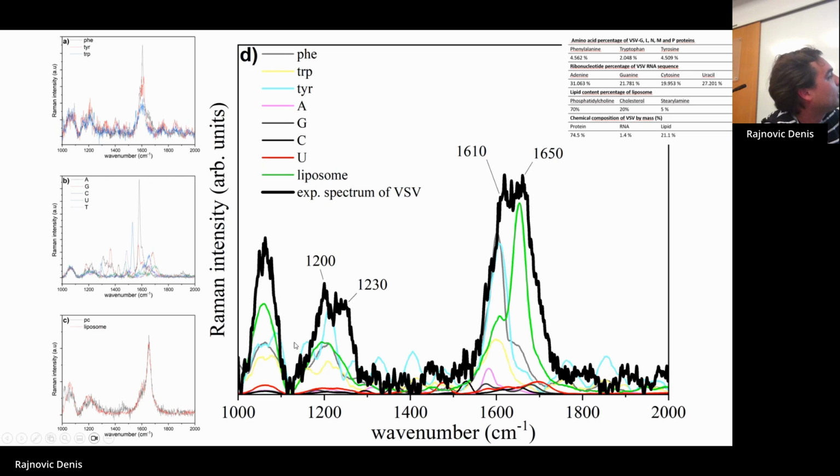And this region around 1200 is a mutual contribution of the lipids and protein, as well as the region 1000. The RNA contribution is really low, 1.5%, but can be found mainly in this region from 1500 to 1600.